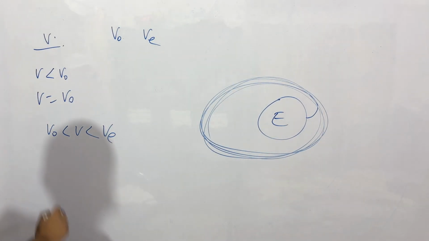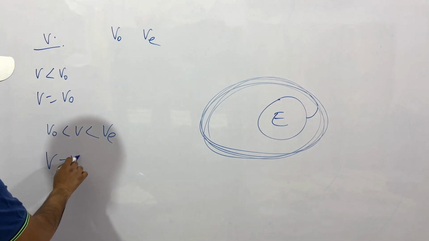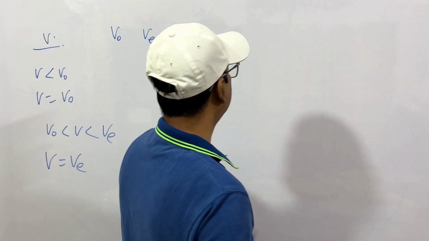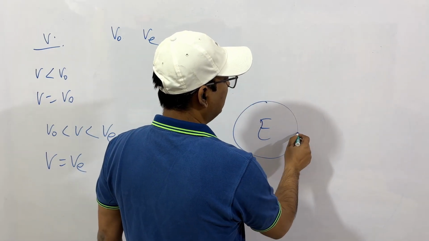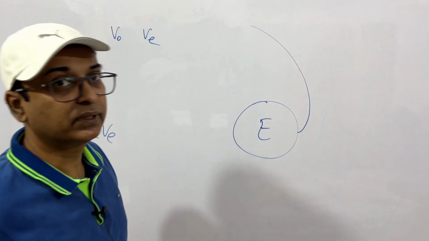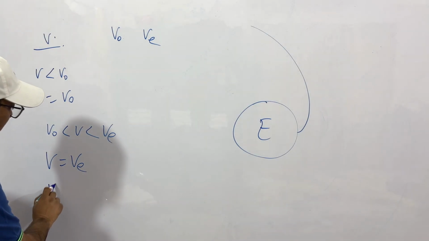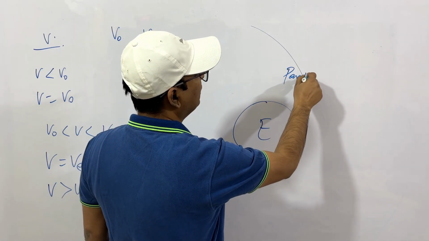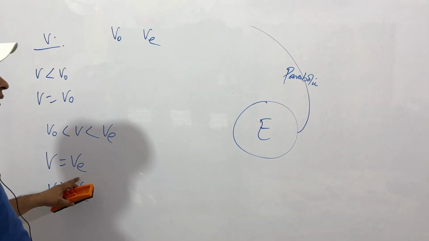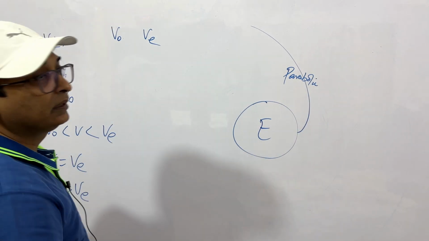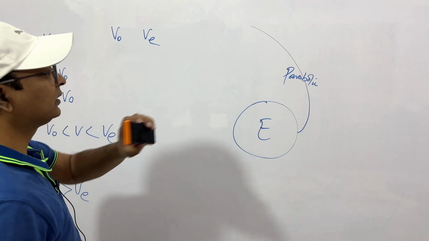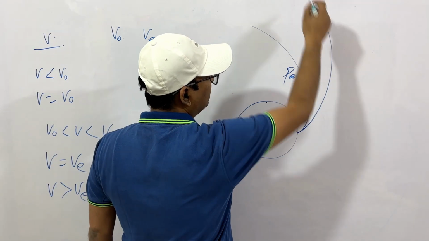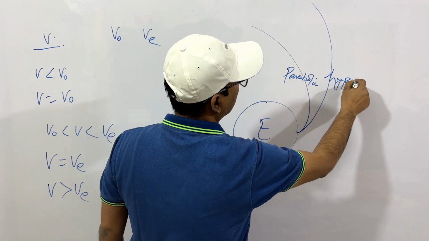And finally, if V is equal to VE, what will happen? If V is equal to the escape velocity, it will escape the gravitational potential of Earth. It follows a parabolic path and escapes out of Earth's potential. What if it is greater than this? It will obviously escape and the path will be hyperbolic.